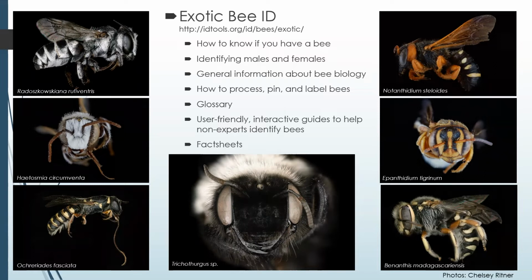A lot of the features are pretty hard to see out in nature, and so getting them prepared well to look at under a microscope is important. We have glossaries with all the terms that we'll be using, which when I started with bees was something I really wanted. There wasn't a good place with all the bee words gathered together, so you could learn them all in one spot.